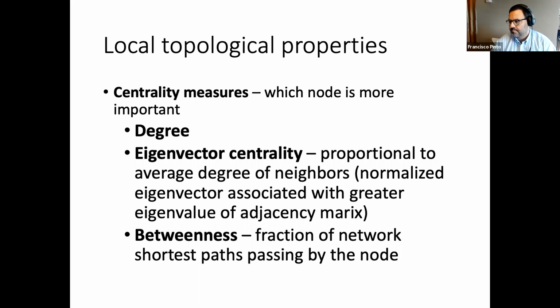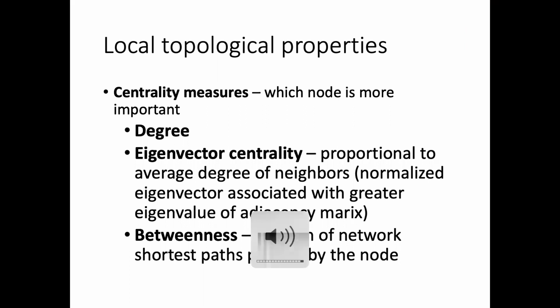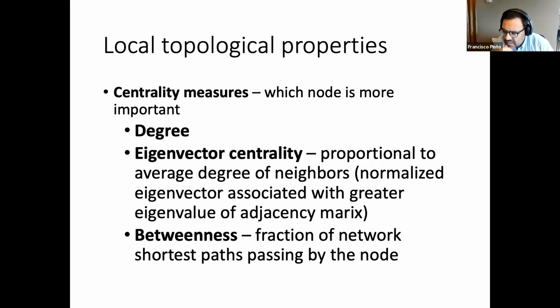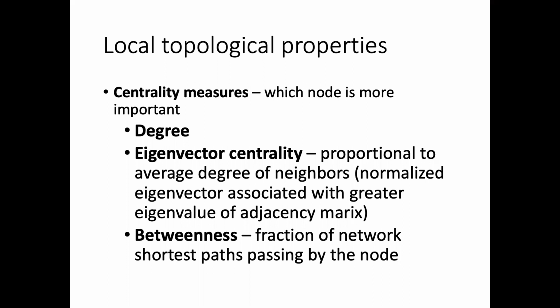Yes? Something about the eigenvector. Ian? I've got a question about the eigenvector centrality, because it says it's the average degree of the neighbors. Then if a node is the neighbor of a node with a very high degree, and except for that doesn't have any other neighbors, it will have a high eigenvector centrality, even though it would seem not to be so important.